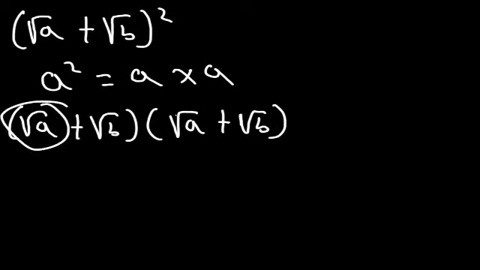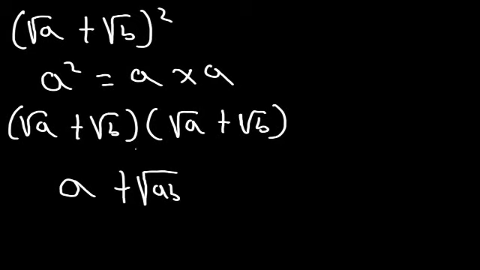So what exactly is square root of a times square root of a? We have discussed it earlier in this video. That's indeed equal to a. Plus square root of a times square root of b, that's equal to square root of ab, positive square root of ab. And then square root of b multiplied by square root of a will also equal square root of ab.